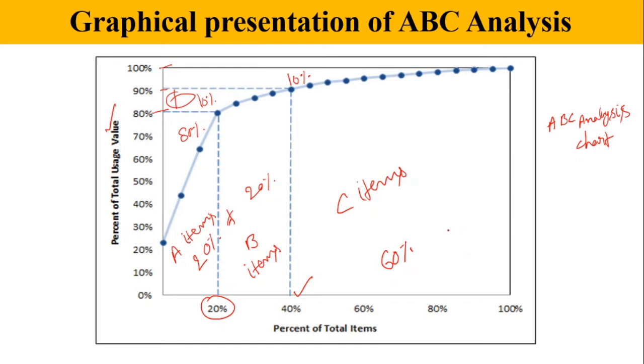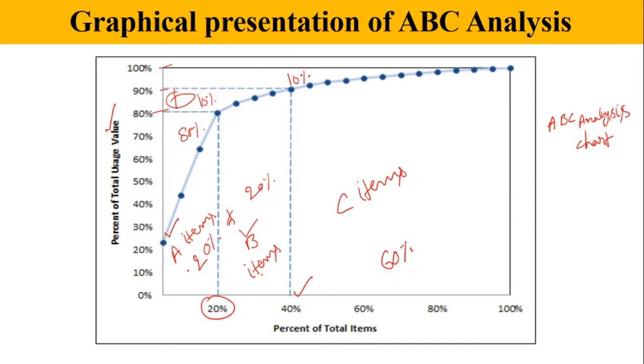That means the A category of inventory has less quantity but high value, and the B category of inventory has 20% of the quantity and 10% of the value, which is moderate. And in C items the quantity is more but the value is very less.